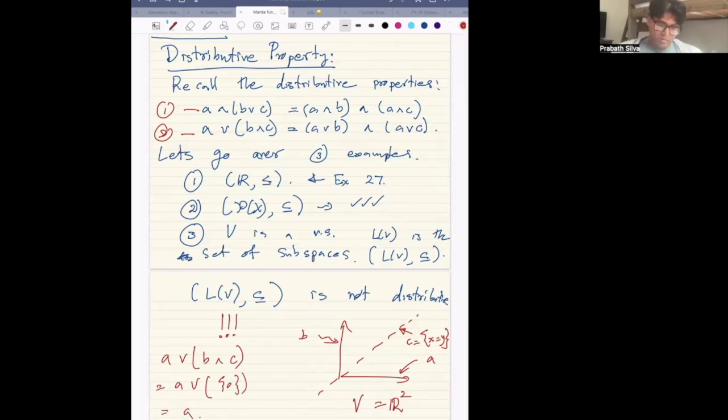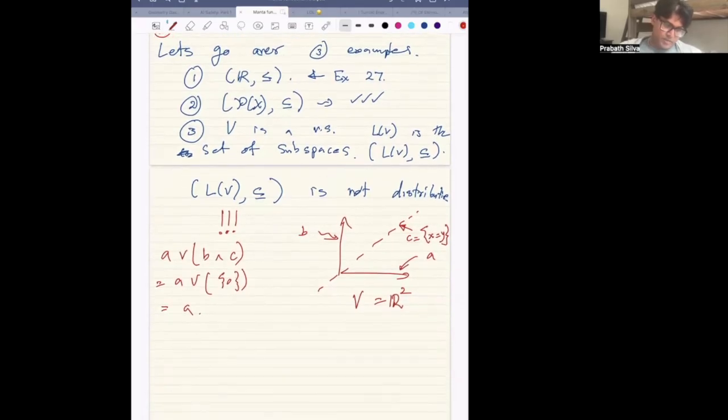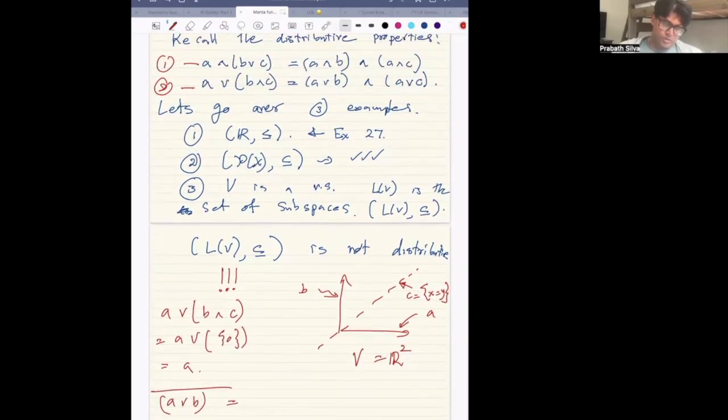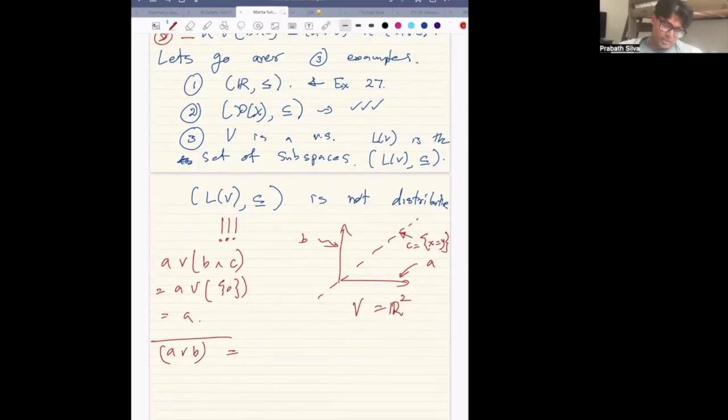But on the other hand, if we take A ∨ B, I think we proved that in this lattice of vector spaces, the supremum is actually the addition of the subspaces. In this case, you get R2.